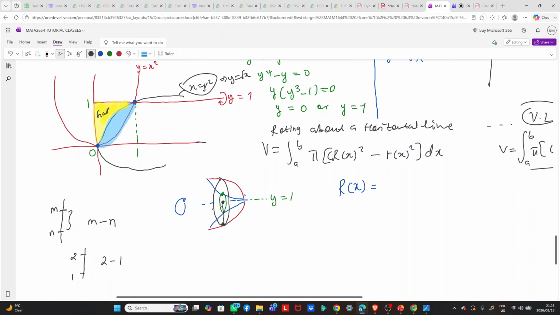So now, if this one is at the top and this one is at the bottom, that means big R of x will be 1 minus square root of x. Okay, then what about the small r of x? The small r of x is at the bottom as well. Then the line y equals 1 is at the top. So that one will be 1 minus what is the function? x squared.